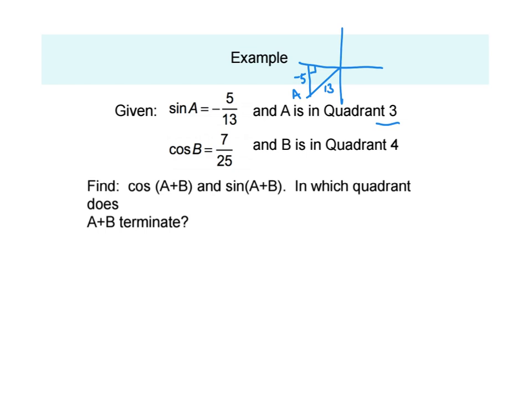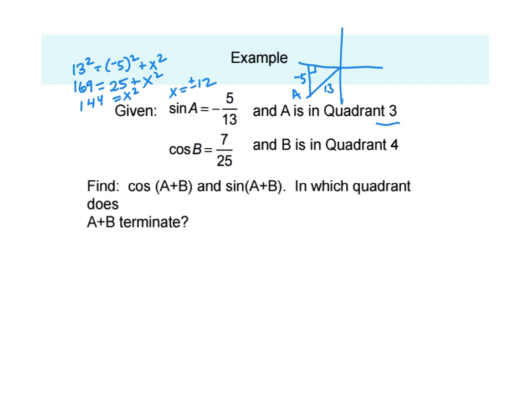So we would know that the hypotenuse squared equals leg squared plus leg squared. So 13 squared would equal negative 5 squared plus x squared. And so that's 169 is equal to 25 plus x squared. Subtract 25 from both sides. You'll find that x squared is 144. Take the square root. x equals plus or minus 12.